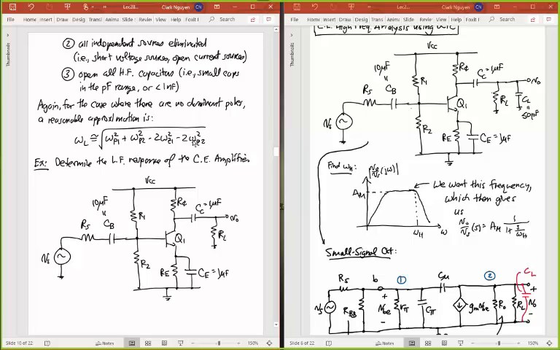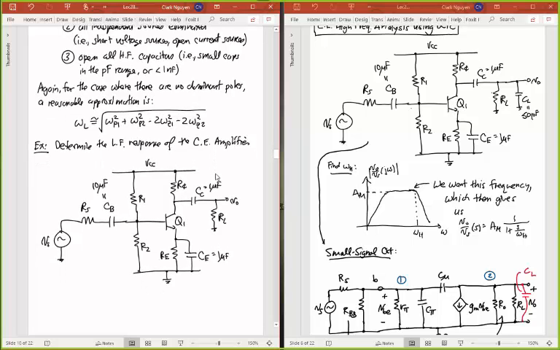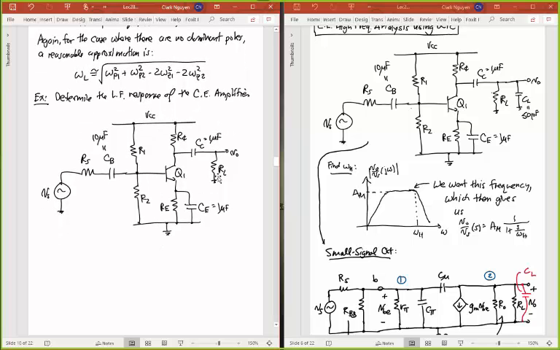I will say you will never use this equation in this class. I'm just telling you in case you get to a point where you do not have a dominant pole, then you can use an equation like this if you want an approximate answer. It'll be very approximate. It will not be that great of a value either, but at least it's something.